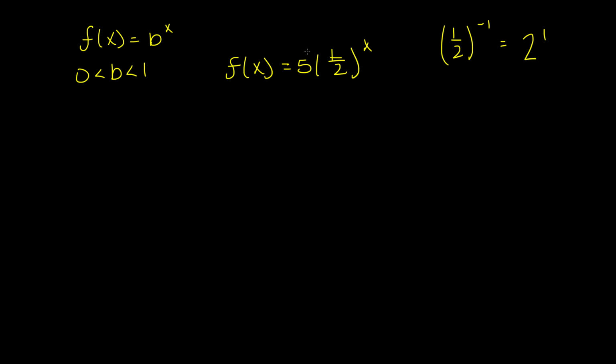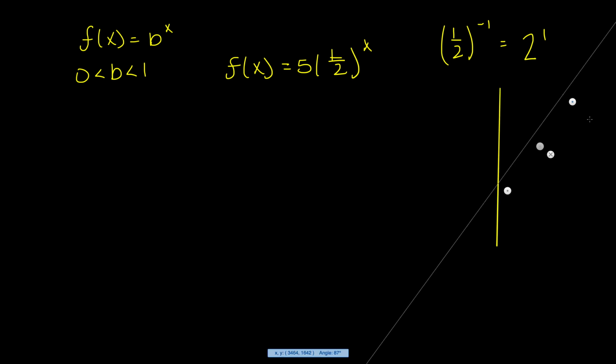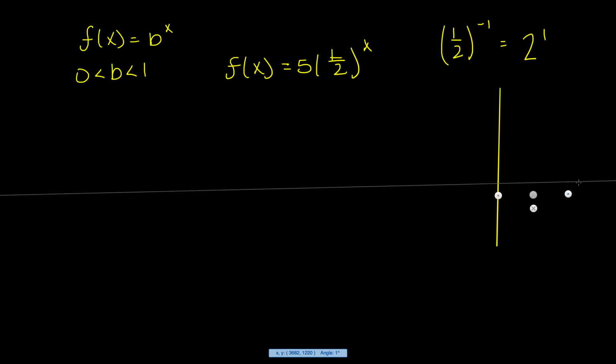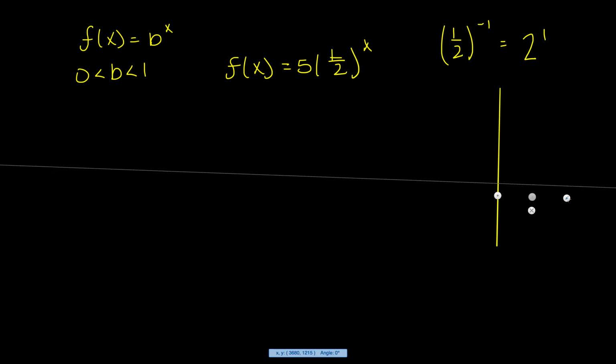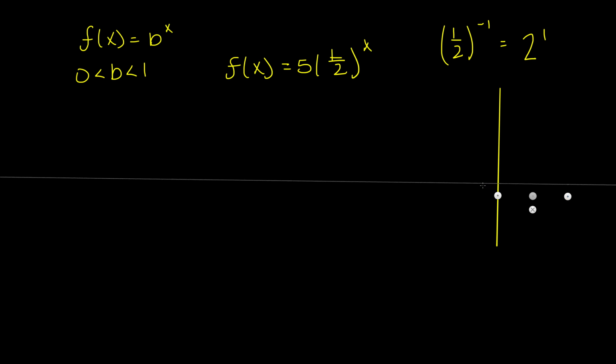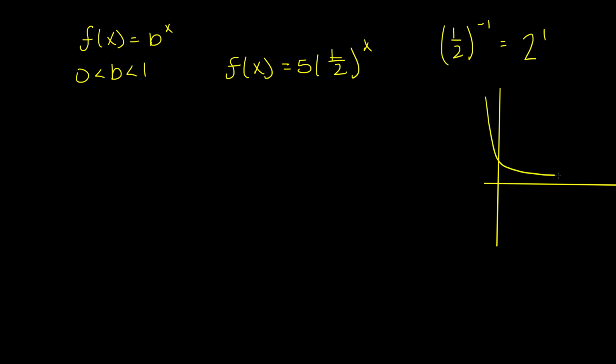When we're on the positive side of x, we're looking at fractions, which means we're looking at something that's shaped like this. So this is for b being a fraction, a decimal between 0 and 1.